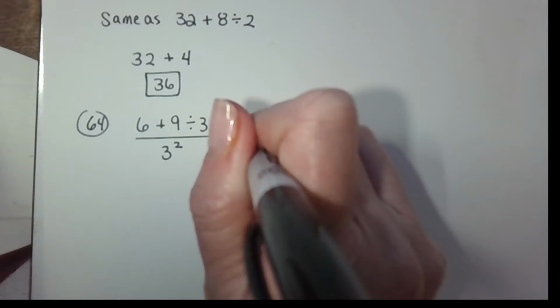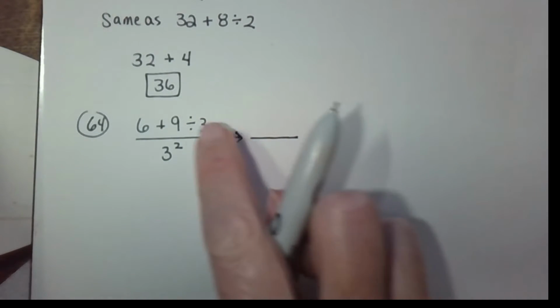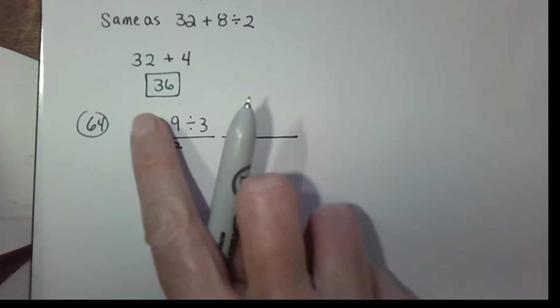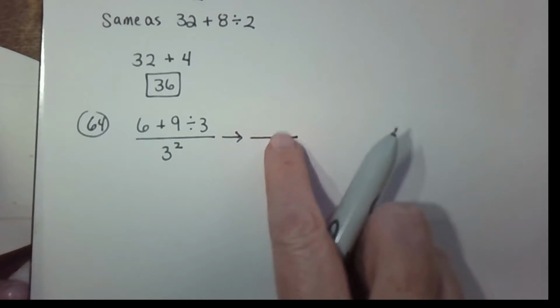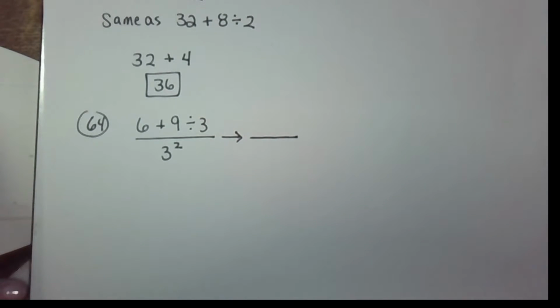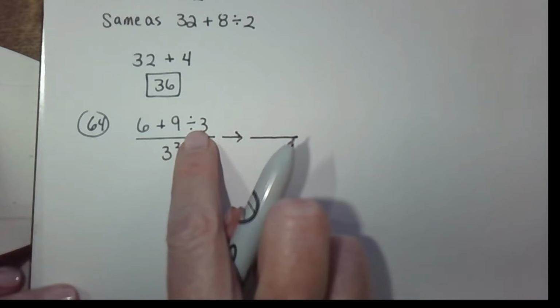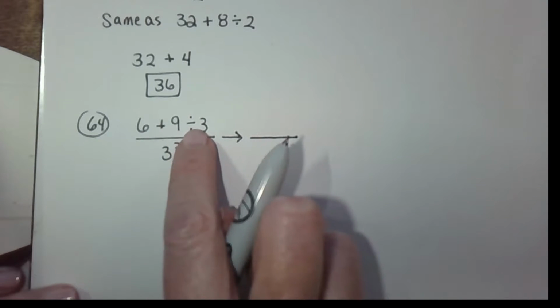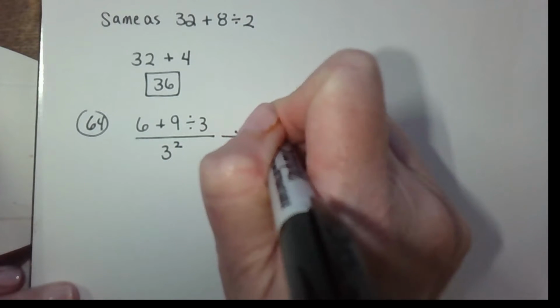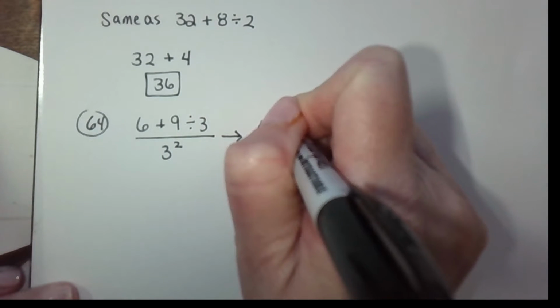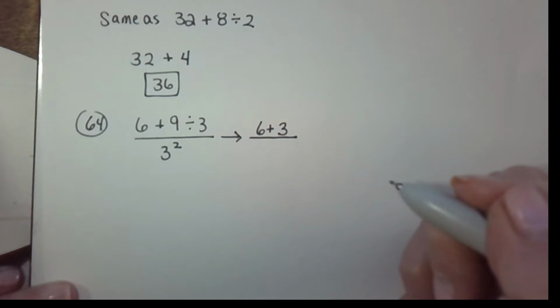You want to think of this fraction almost as two completely different problems. Work out the top, get a number, work out the bottom, get a number. Then we'll reduce that fraction by division. So let's just look at the numerator right now. We have addition and division. Well, division comes first. So this is going to be 6 plus, I do 9 divided by 3 first. So that's 6 plus 3.